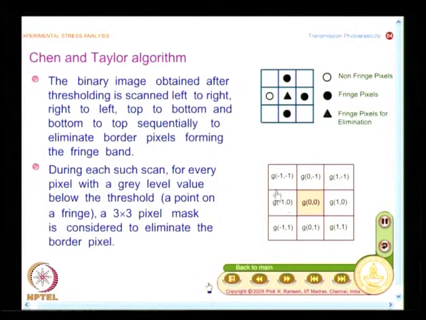Essentially you have a mask, where the center pixel is labeled G 0,0 because of its gray level value, and then G 1,0, with x increasing this way and y increasing downwards, and G minus 1,0. So, I have a 3 by 3 matrix where I want to take a decision on the center pixel.